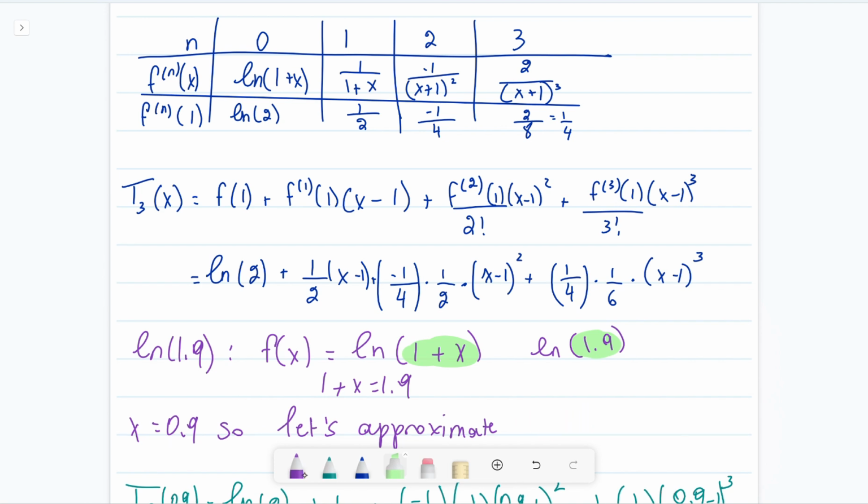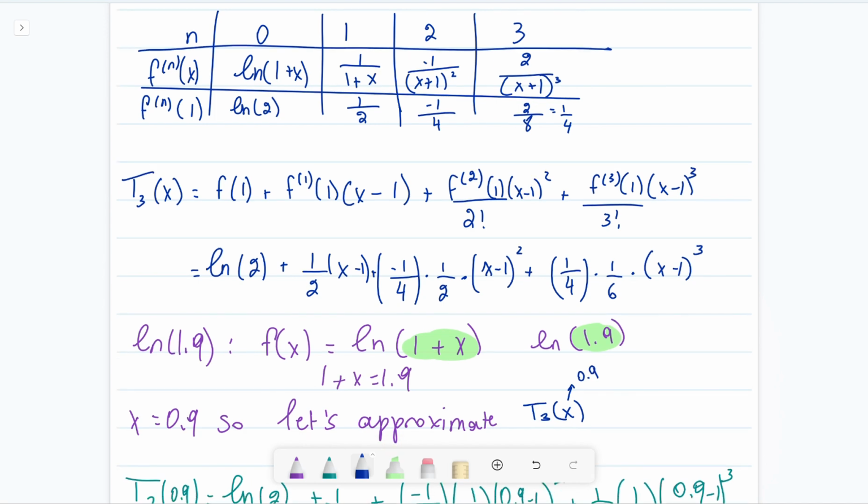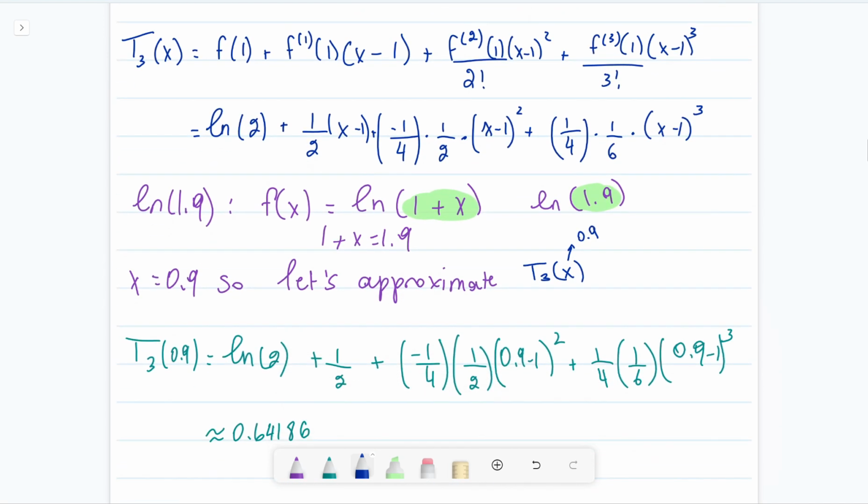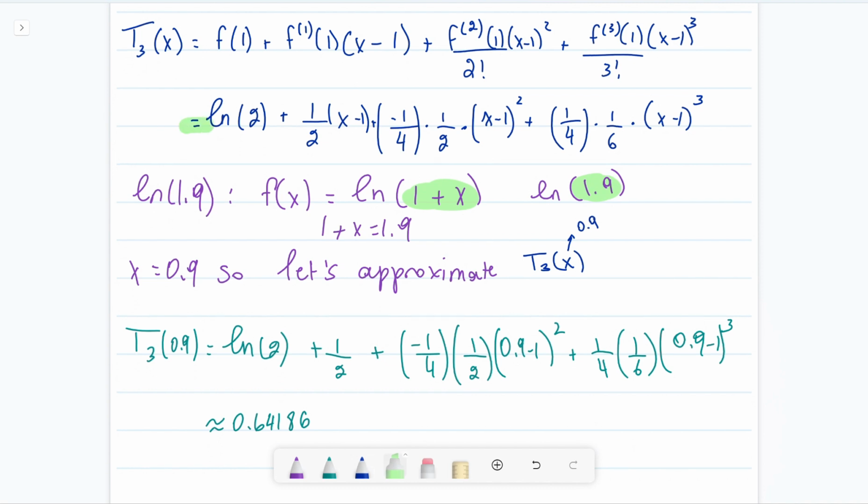So up above we had the Taylor polynomial, which was the third degree Taylor polynomial. Instead of x, we now plug in 0.9. So let's do that. Anywhere we see an x, we plug in 0.9. So where is our first x?